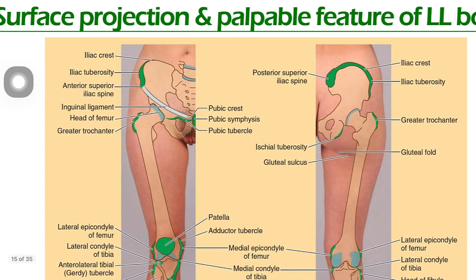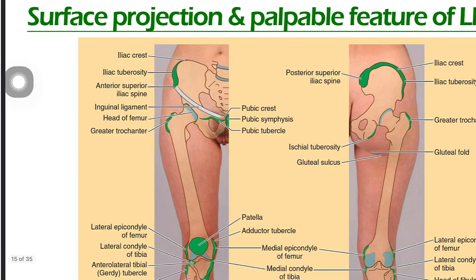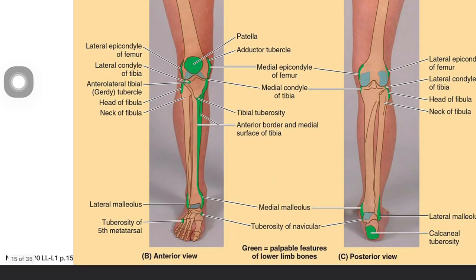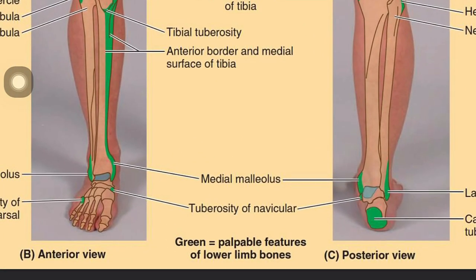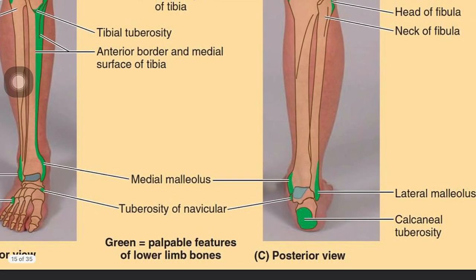And then also this one, the greater trochanter, because it's so superficial, it is very easily palpated. Of course, it's the patella as well. And also for both the lateral and the medial malleolus, right? They are very superficial. And also this one as well, the calcaneal tuberosity.